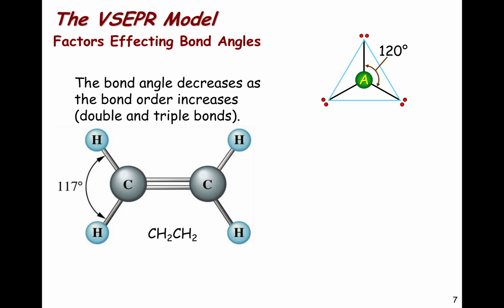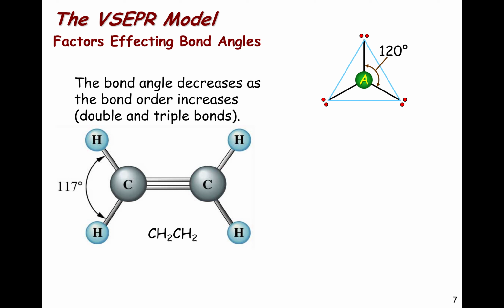And then finally, we want to consider the effect of multiple bonds on any distortions that are observed. In the example that you see here, we have ethene. The formula is C2H4. There is a double bond between the 2 carbon atoms. We would expect that there would be 3 electron regions around the carbon atoms, which has a trigonal planar molecular shape with optimal angles of 120 degrees.